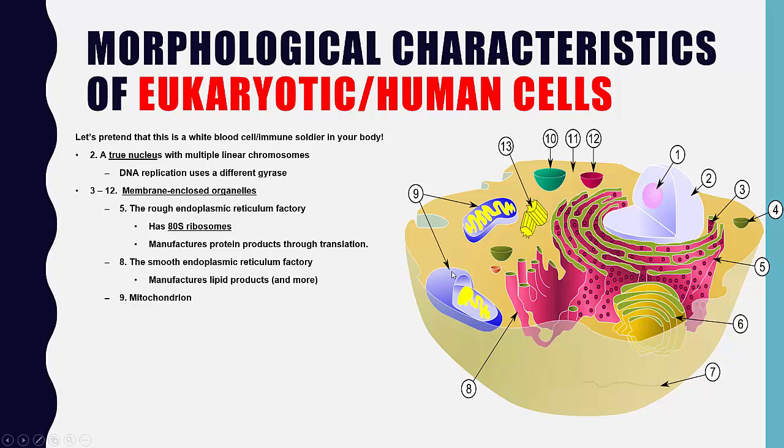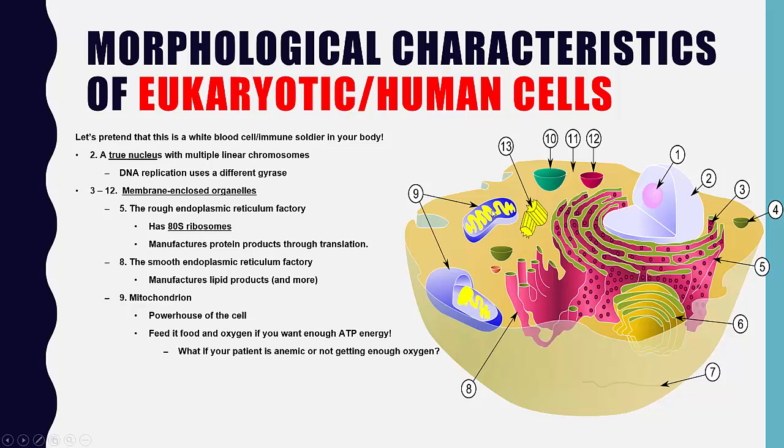Mitochondria, these are the powerhouses of the cells. They make ATP for the cell. When you eat food, most of the energy in the food you take in, you extract the energy here in the powerhouse of the cell. This is where you get ATP energy.